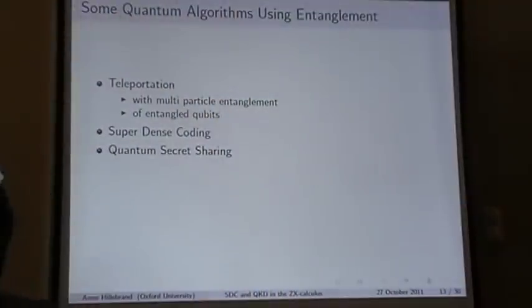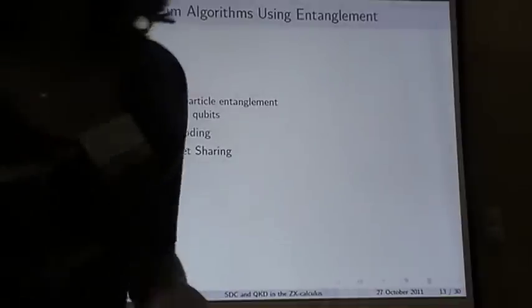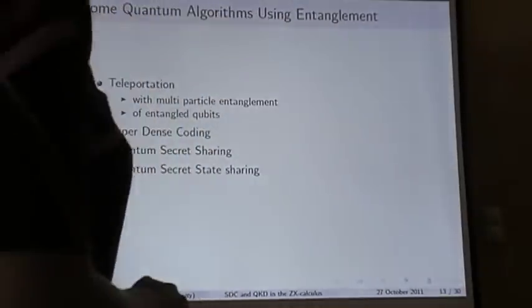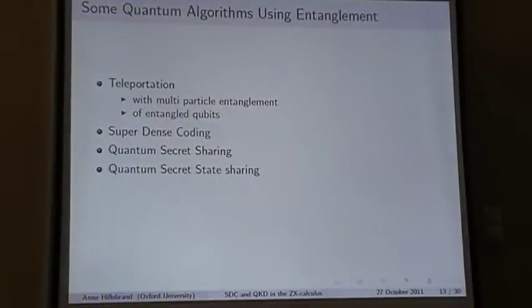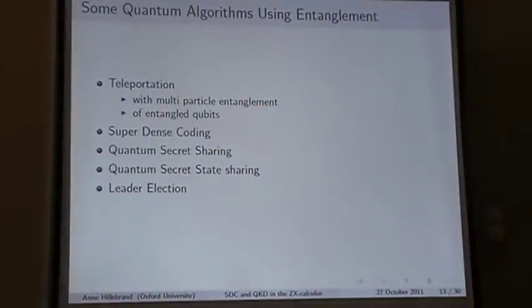Quantum secret sharing. With quantum secret sharing, you share a classical bit string with a group of people in such a way that the other people have to work together in order to retrieve the state. And you can do something similar, but not just for a classical string. You can also do it for a quantum state itself, so that they have to work together in order to retrieve the state again. Furthermore, I've looked at leader election.